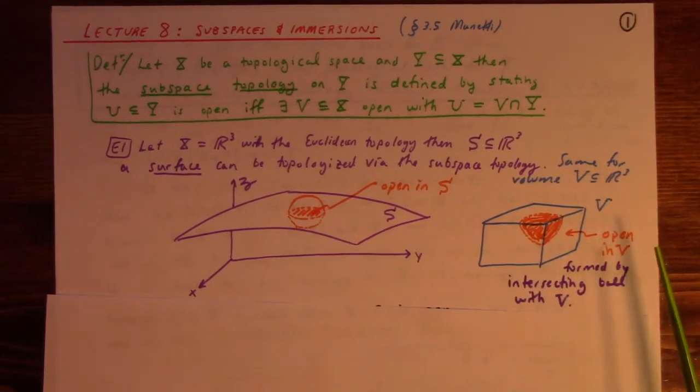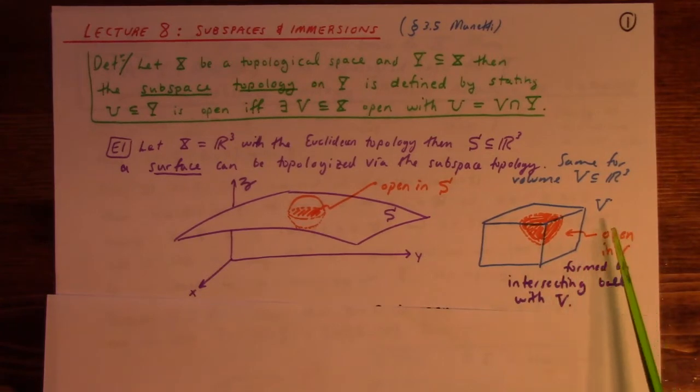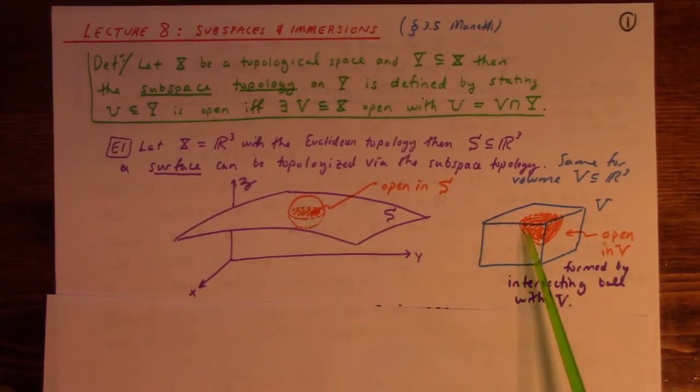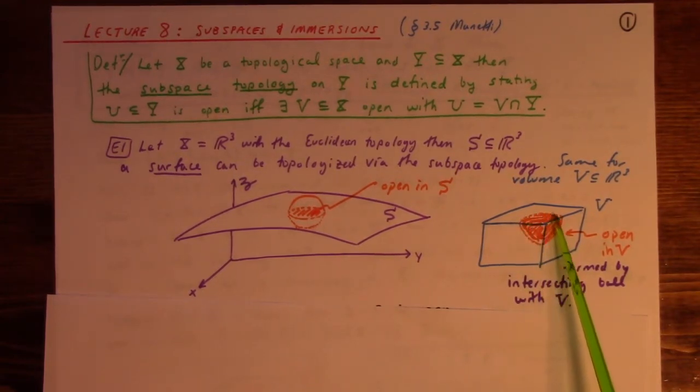Likewise, if you had a volume in R3, you could also define open sets by the intersection of open balls with the volume. For example, imagine a ball centered at the corner here. It would eat into the volume a little bit, but the other part would be outside the volume. So the intersection of the open ball with the volume would be something like a quarter of a cheese wedge.